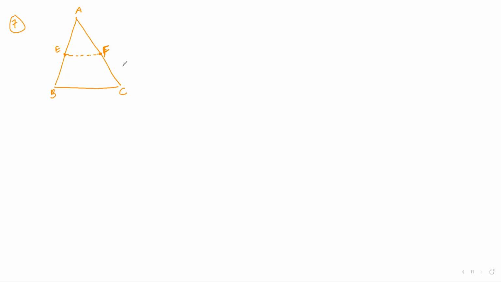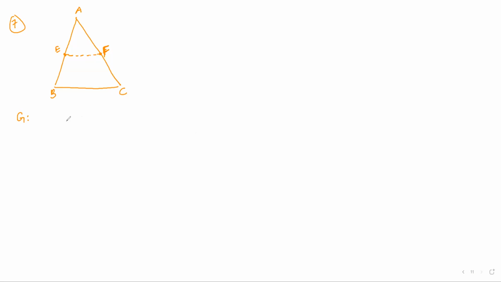Understood? Yes, ma'am. Okay, so what is given in the question? This is actually the midpoint theorem. This statement of the question is actually the midpoint theorem. You have studied this in class 9th also. But can you tell again? Yeah, so the question says that a line drawn through the midpoint of one side of a triangle parallel to another side bisects the third side.